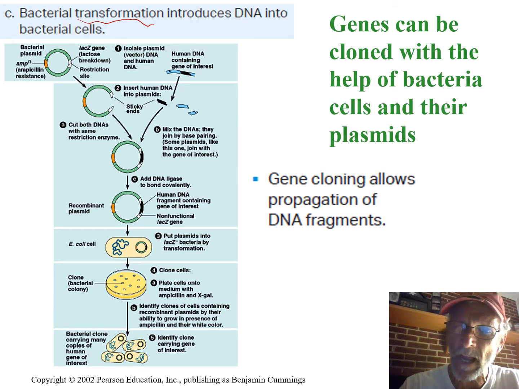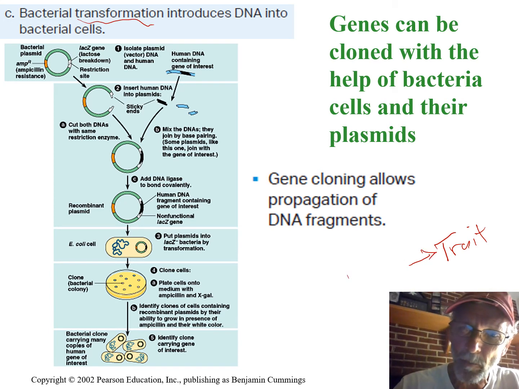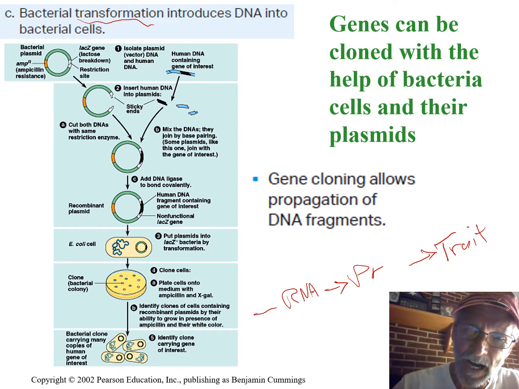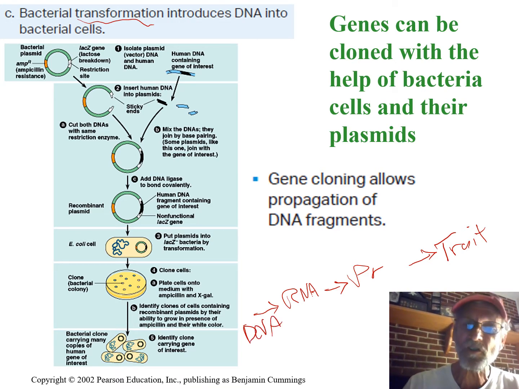What did that all have to do? I can give bacteria cells a new trait, which is due to their ability to make a protein, which is due to their having some RNA, which is due to the fact that they got some DNA just like by soaking it up, which is what transformation is.